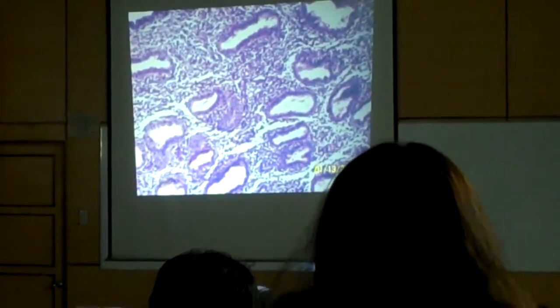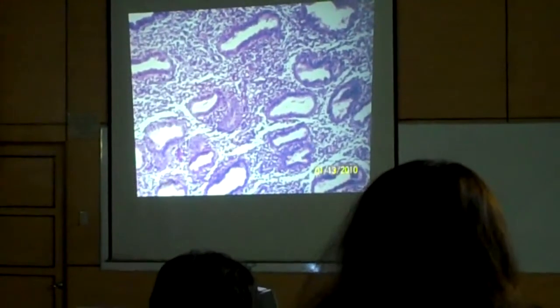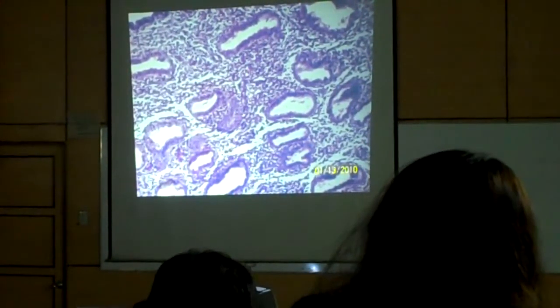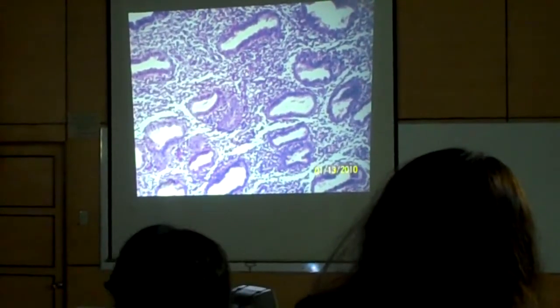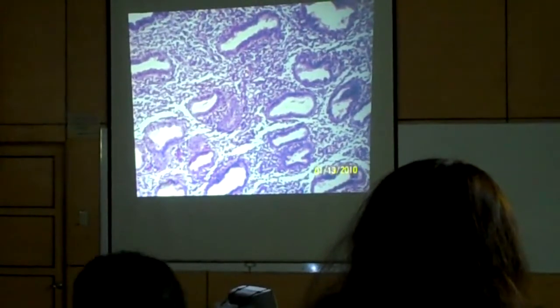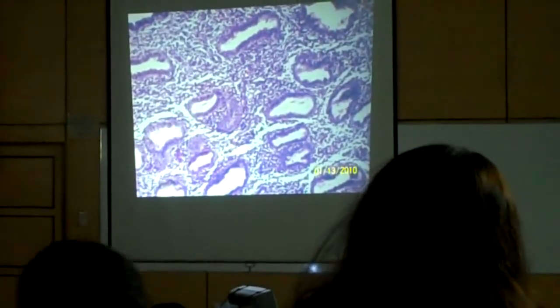In our collection of slides, we only have one phase of the endometrial cycle, only the proliferative. We don't have the secretory and the menstrual phase.